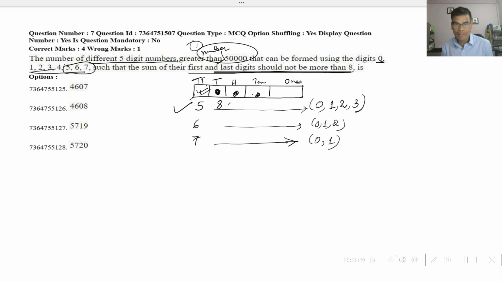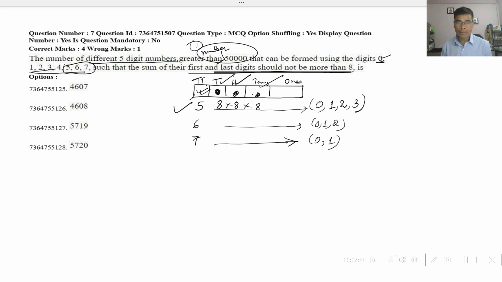Since repetition is allowed, for the 100 place also you can select in 8 ways, and the tens place also in 8. A number like 5 and 3, 3 is allowed. For the 1,000 place, you can select 0, 1, 2, 3, 4, 5, 6 or 7, which you can choose in 8 ways. Similarly, your 100 digit you can choose in 8 ways, and the tens digit in 8 ways.